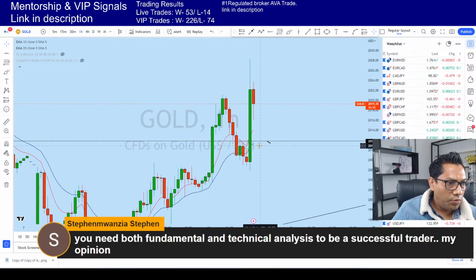I think it will drop to this level again, because this is the neckline here, 2011, and from this you see that again it will bounce to the upside.